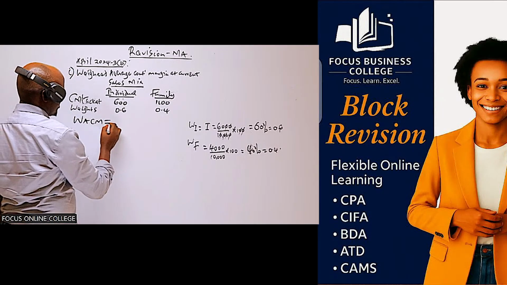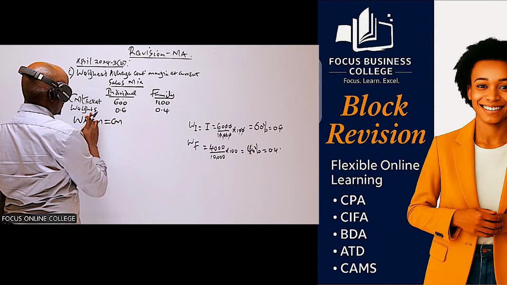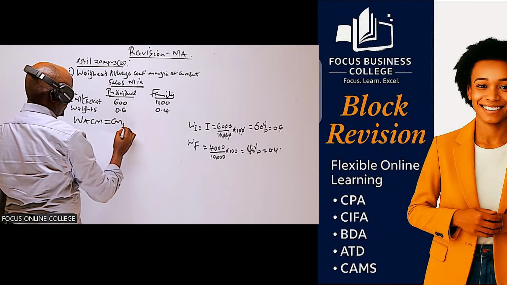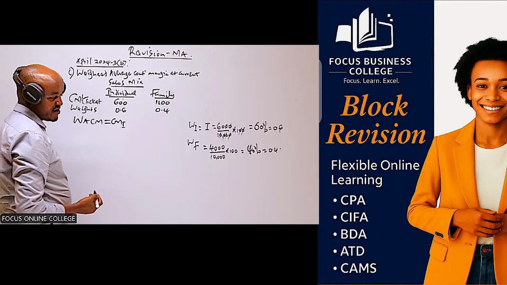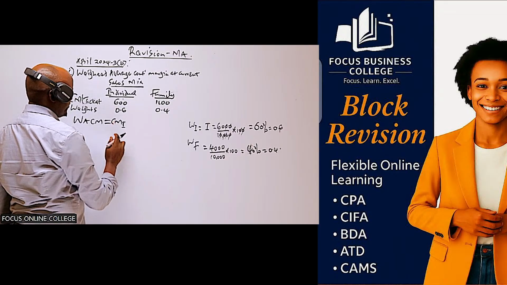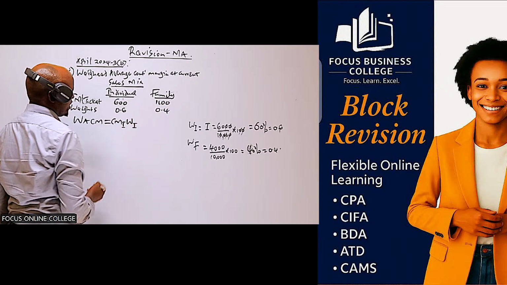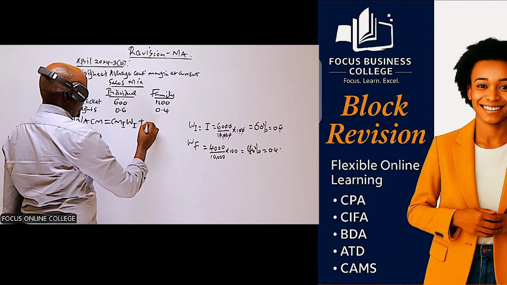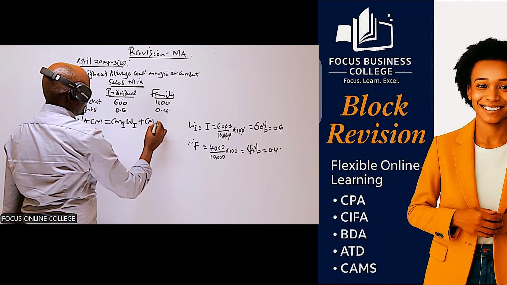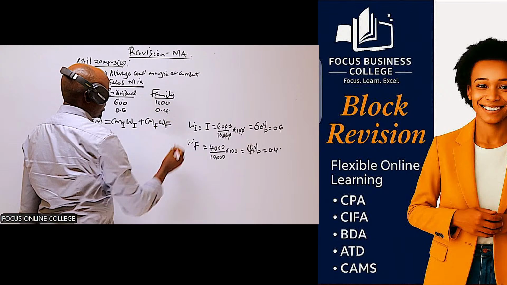To compute this one, we take the contribution margin of the individual ticket, I for individual, and multiply it by the weight of the individual ticket, and then we add the contribution margin of the family ticket multiplied by the weight of the family ticket.